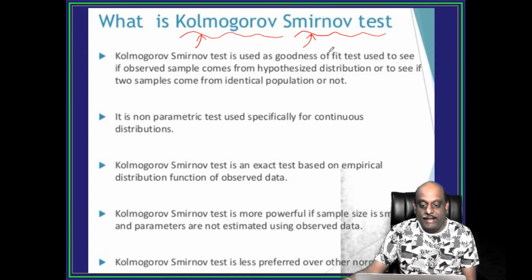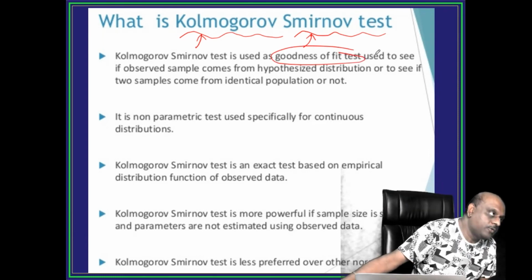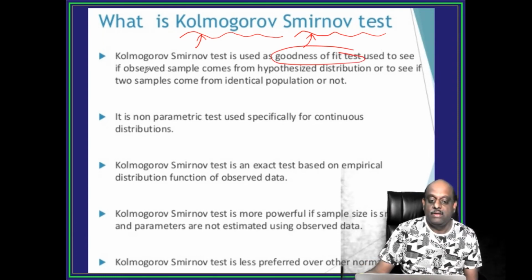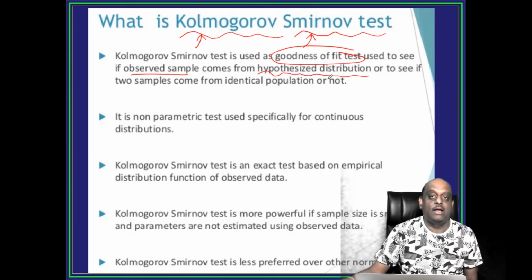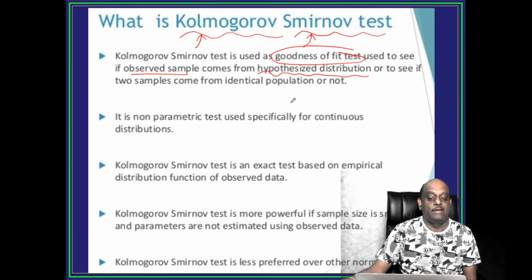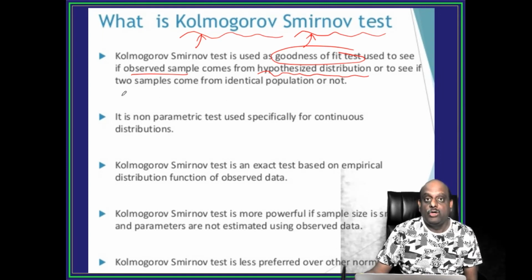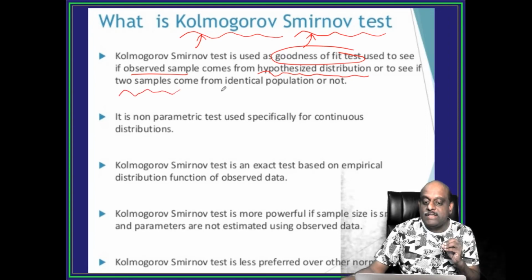It is basically used as a goodness of fit test. What is the meaning of goodness of fit? Whether an observed sample comes from a hypothesized distribution or not. Similarly, you want to check whether two samples have come from an identical population or not.